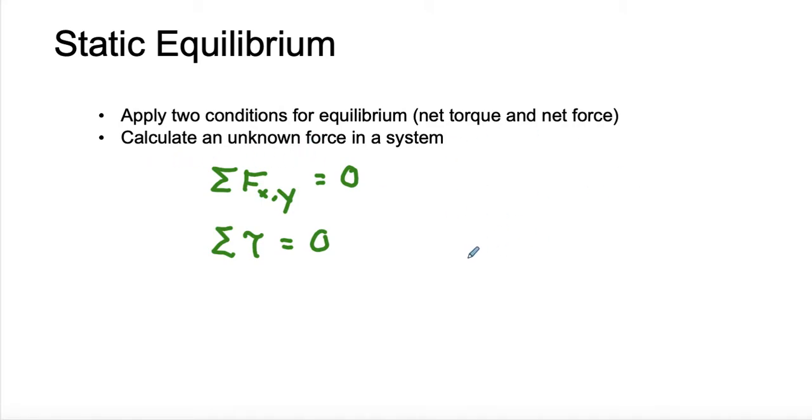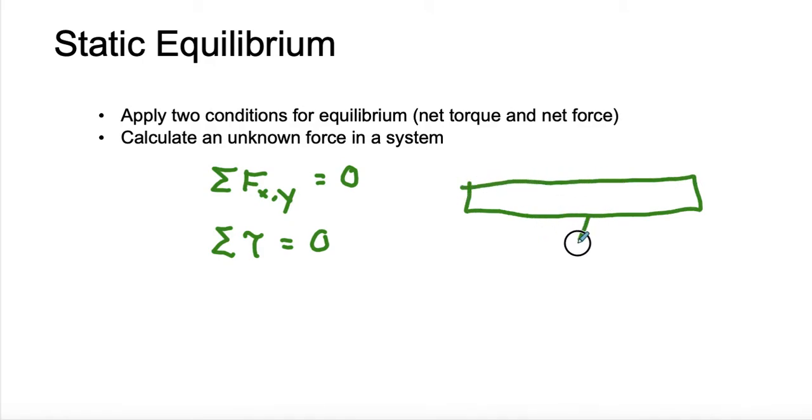So if you have several forces acting on a system in rotation, you can use the combination of these three formulas to figure out the unknown for a static equilibrium question. Classic ones are where you have a system with supports, and you maybe have some blocks on here, and somehow all of these things are in equilibrium.